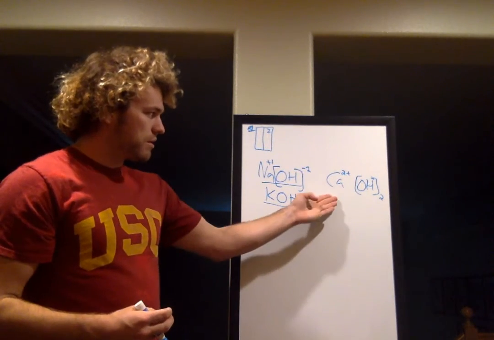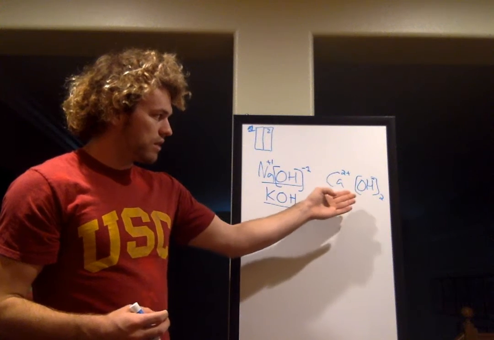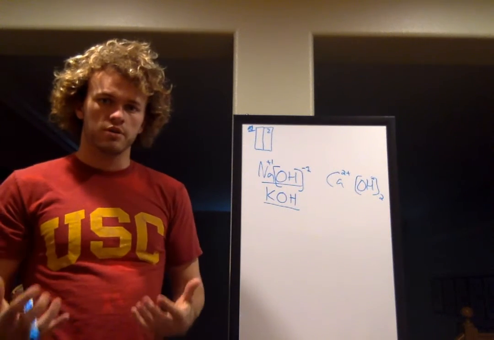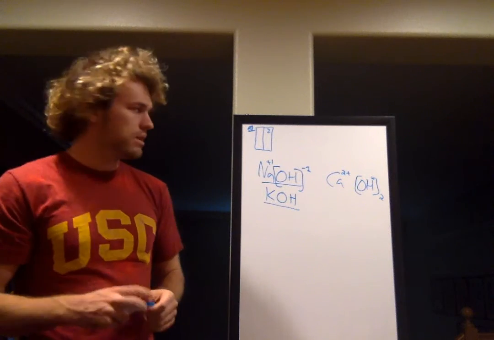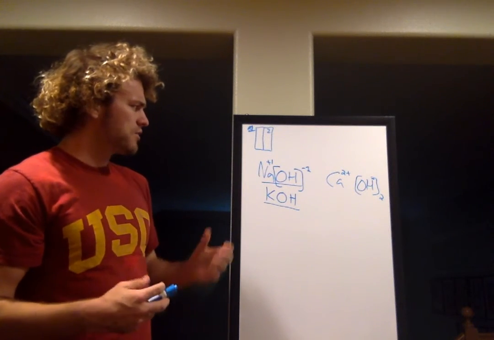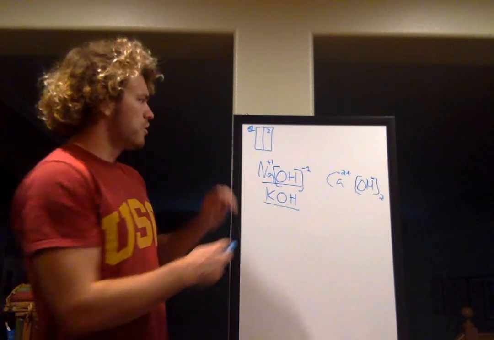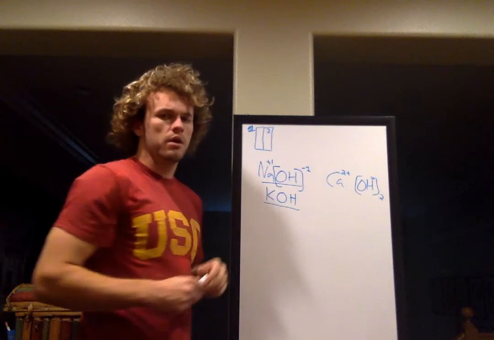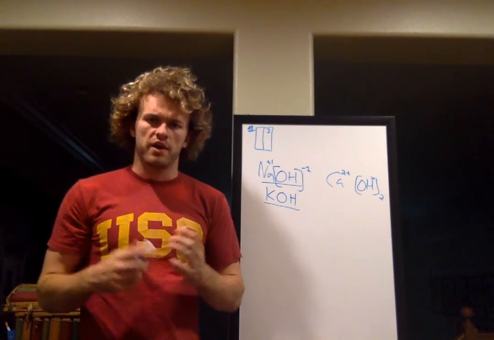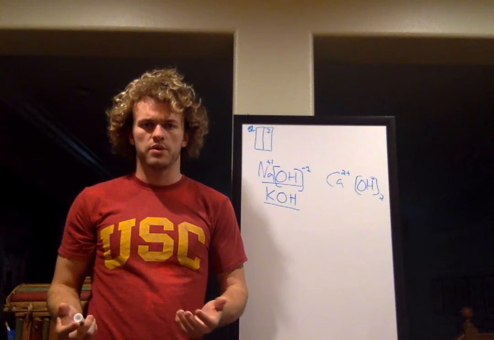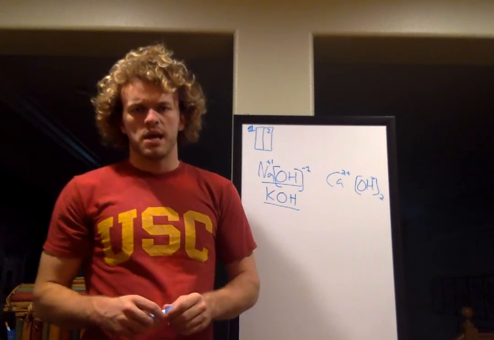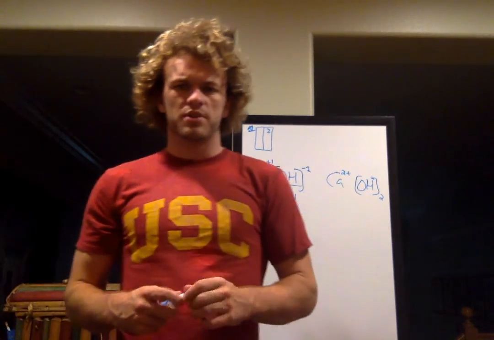That's why calcium is bivalent with hydroxides. That's why it has 2 hydroxide compounds in order to balance the charges between them. Okay, and so all of your group 1 and group 2 elements with hydroxides in the right quantity are your strong bases. So that is strong bases and strong acids in a nutshell.